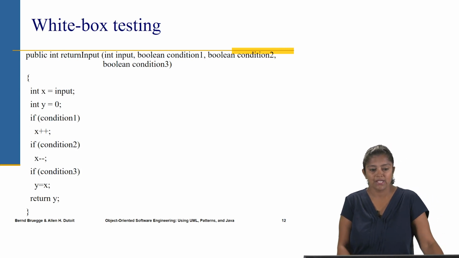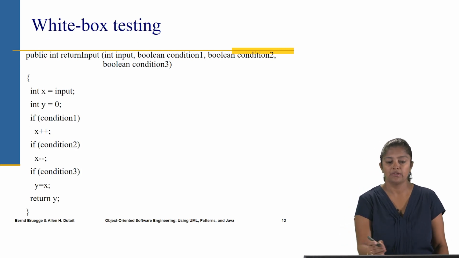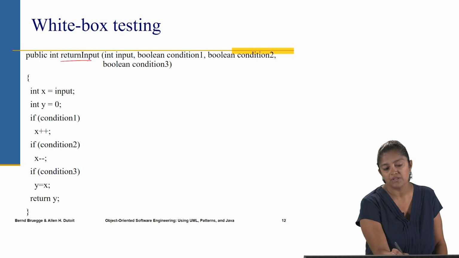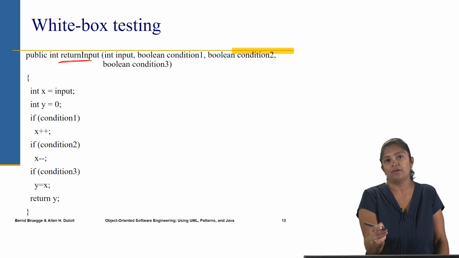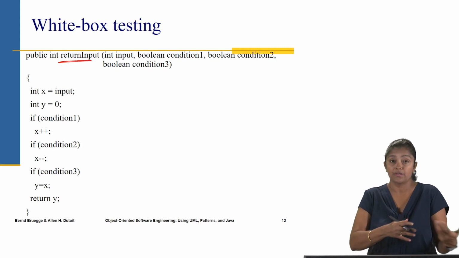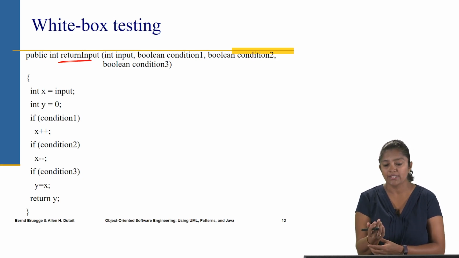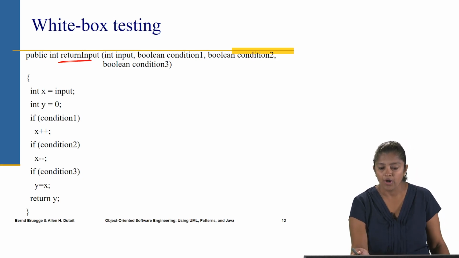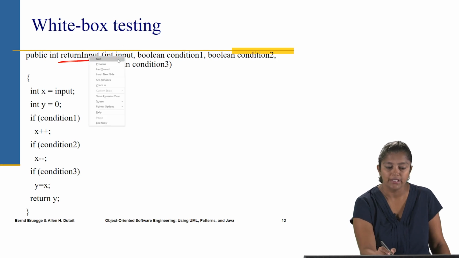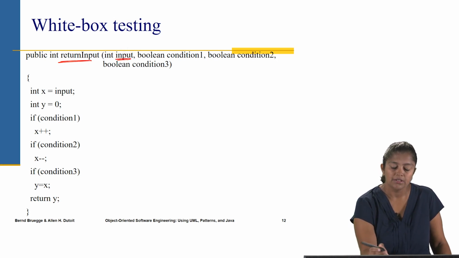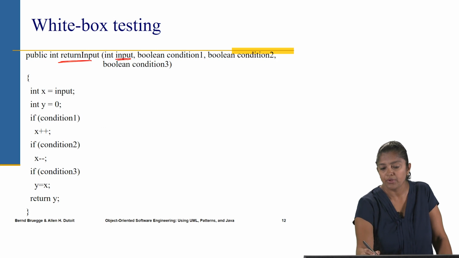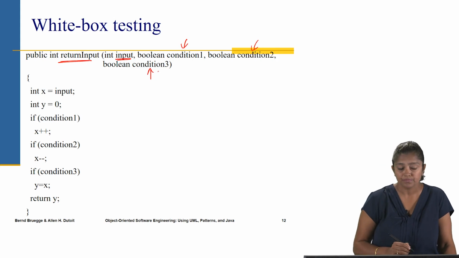So we look at this example of a method called returnInput. This is just a dummy method for us to understand these different kinds of coverage. returnInput takes in 4 arguments. The first one is an integer called input, and then the remaining 3 are Boolean values: condition1, condition2, and condition3.